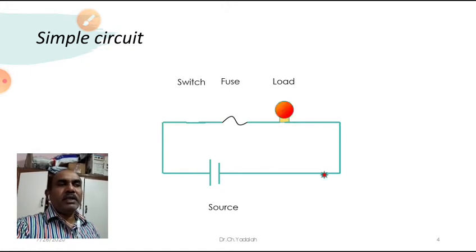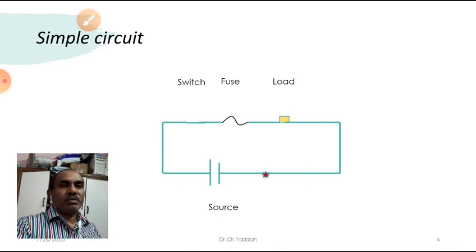Now let us see in case of our substation, where it can manage high voltage and a high range of currents. So how do we control those values?